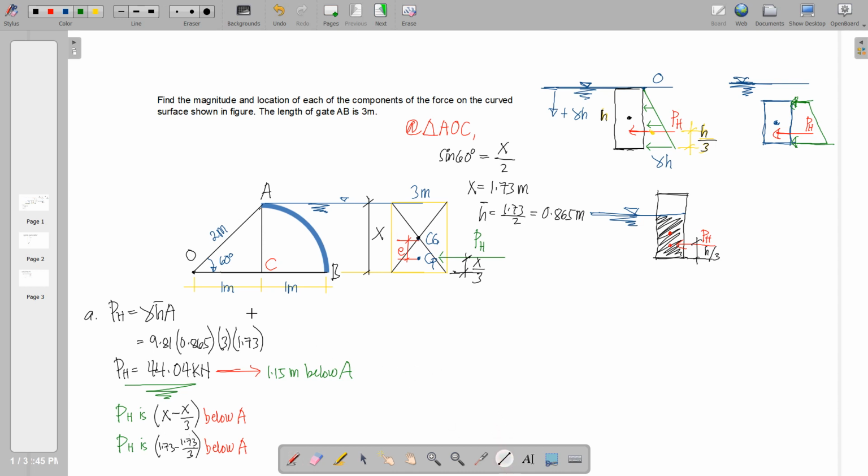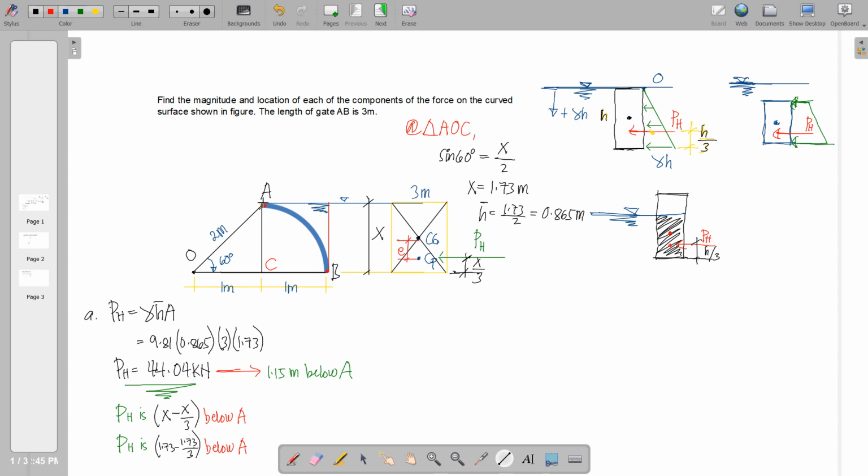Of course, we are done with the horizontal force. We have already located the horizontal force. So this time, we are now concerned with your curved surface. Say this is your curved surface, from point A to point B. So all we have to do is to project that upwards up to the liquid surface.